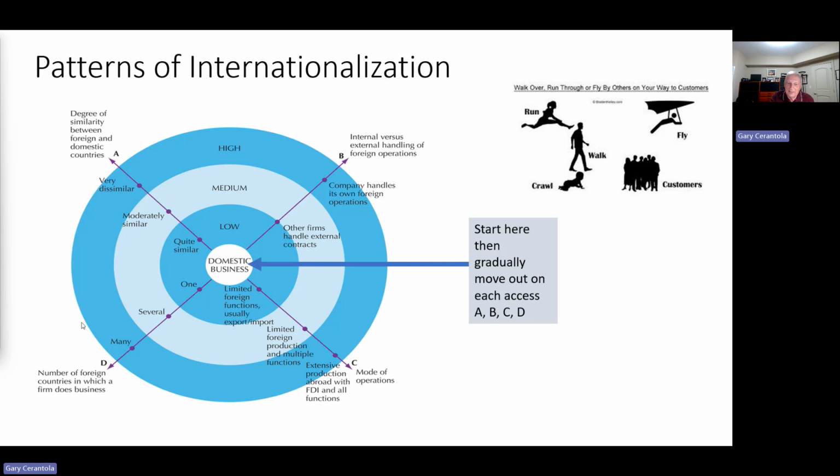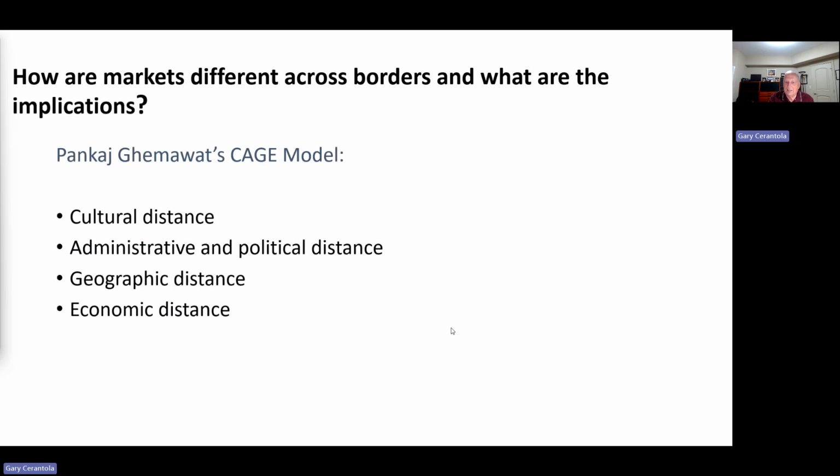So that's really it. And then here on this piece is how many areas do you go out, foreign wise. You may go to one country and then decide, hey, I'll go to several countries, and then you're in many countries. So you always start here, and this is walk before you run, all right? And getting into that.